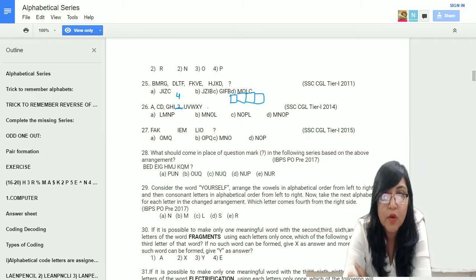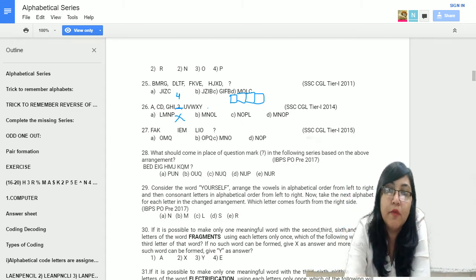So you can also eliminate the options. You know it would be consecutive terms. Now you see L, M and P. This cannot be your answer because after M and O comes P. Next we move on to the second option, M and O, L. This also cannot be your answer because you should get consecutive terms.